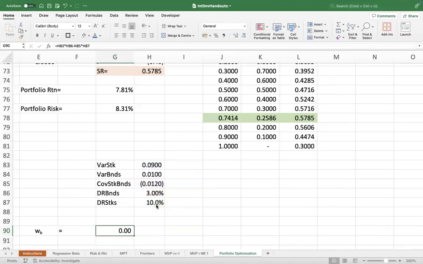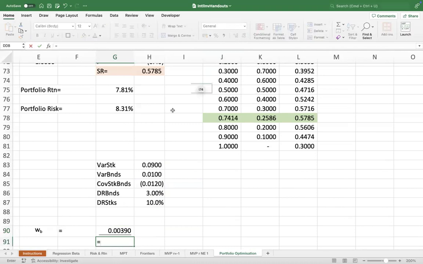तो ये आपका न्यूमरेटर हो गया. डिनोमिनेटर में variance of stock into delta return for bonds plus variance of bonds into delta return for stocks minus, now we will not do twice here, we will just take covariance and multiply it with the delta return for bonds and delta return of stocks का summation.